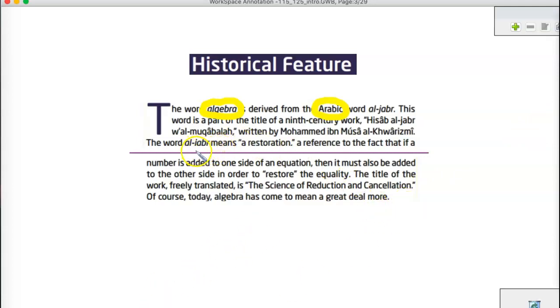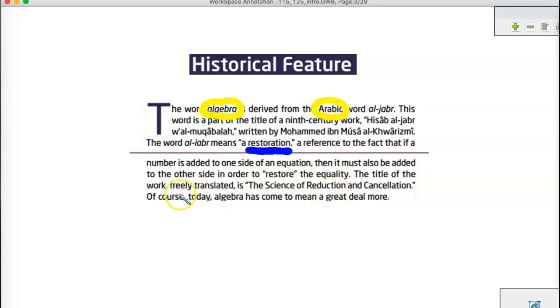But anyhow, the word algebra, look at this, means restoration, restoring. What are we trying to restore? It's a reference to the fact that if a number is added to one side of an equation, then it must be added to the other side in order to restore the equality.